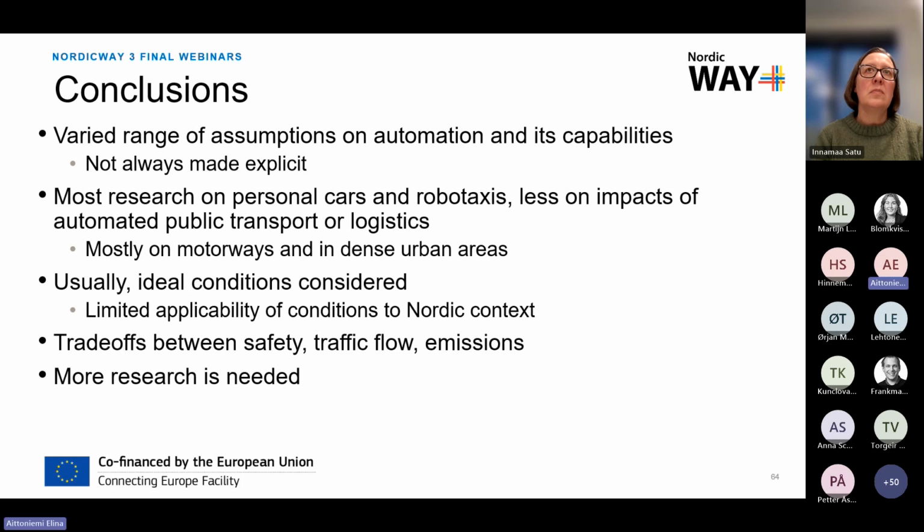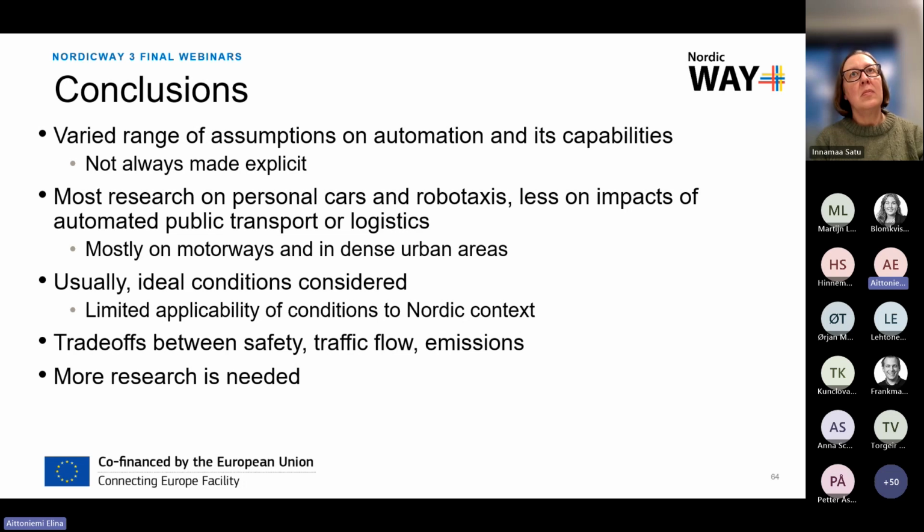And then also in general, getting a more coherent picture maybe of the possibilities on motorways in different traffic situations, not only the most congested situations, and then also in urban areas. So how would automated vehicles affect traffic flow in urban areas?